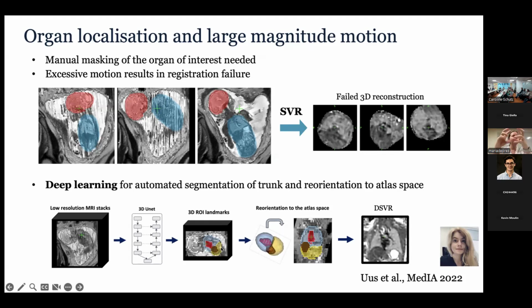And once you get different organs, you can take centroids and reorient it to standard orientation. Then you have everything oriented in the same standard orientation, and it's a good starting point for SVR. So this is what we have done, and we do it in 3D. People have been doing masking in 2D, but we found it a bit unreliable.